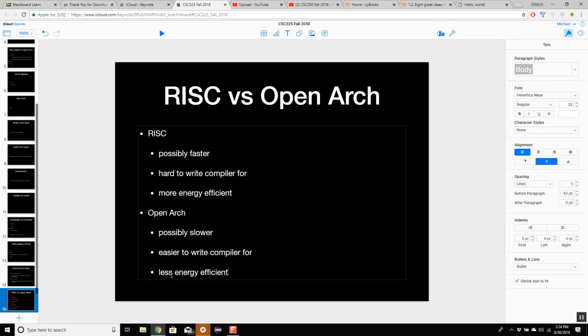But in any case, when you look at this comparison between reduced instruction set and open architecture, the thing that stands out the most to us today is the energy efficient aspect. We've already been having this discussion today about how processors keep getting faster, or at least more and more capable. If they're not getting faster clock speeds, we're picking it up with more cores or optimal cores or more magic tricks or whatever it is. Now, we have the capability of making processors today using pretty high standards with 9 nanometer technology.